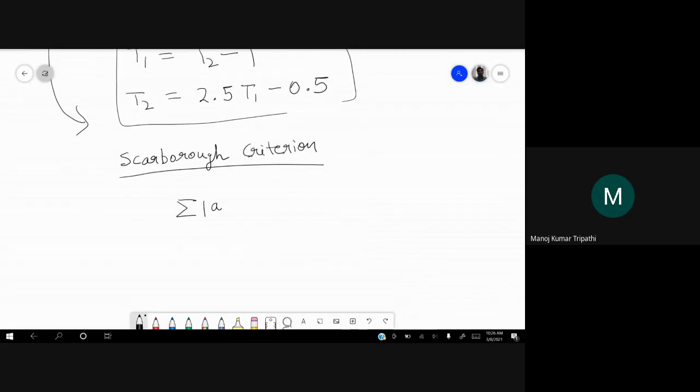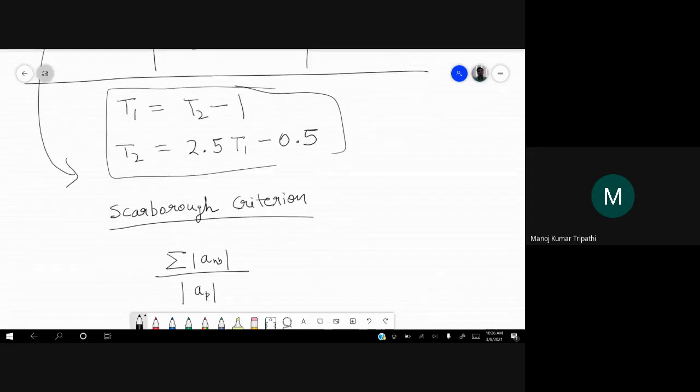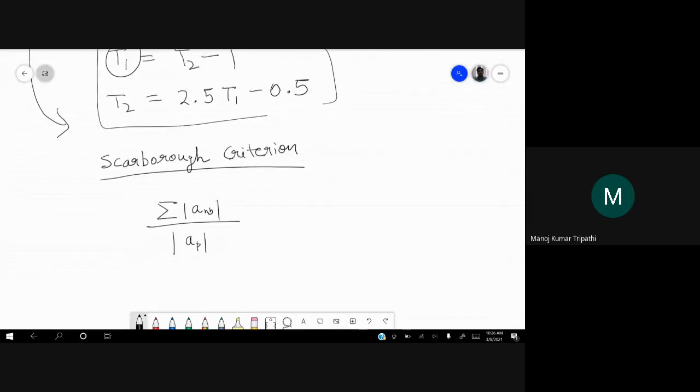Okay. Divided by the coefficient of the variable that you are calculating this value for.